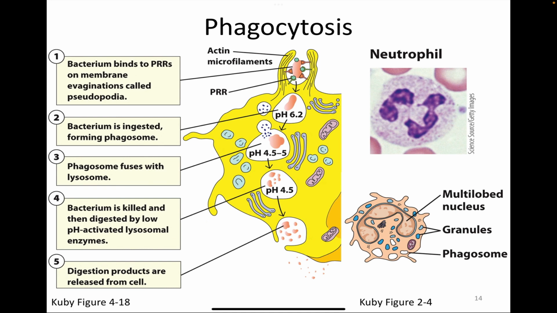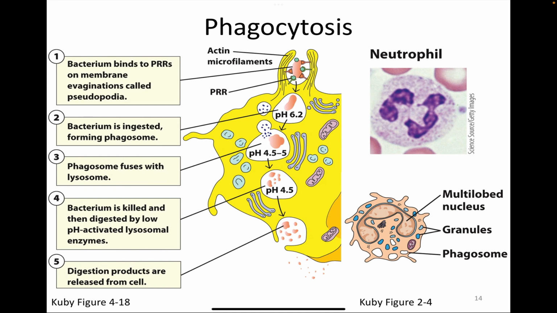One thing that neutrophils and macrophages have in common is that they both can do phagocytosis of invading microbes. So our neutrophil can bind to a microbe, and it has a lot of different types of receptors that can allow for that binding.